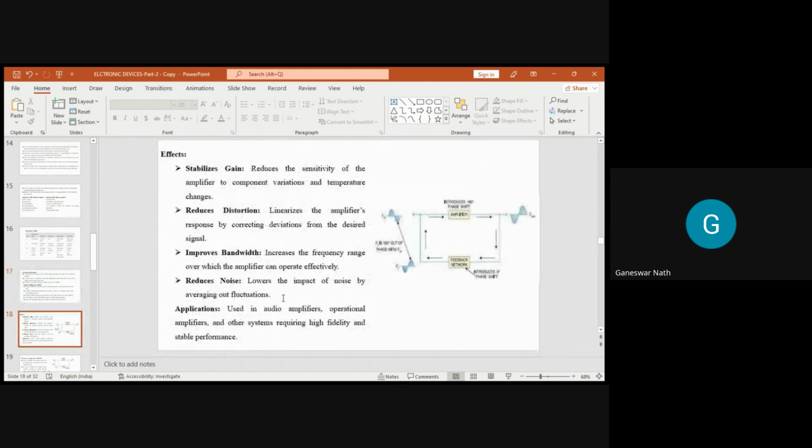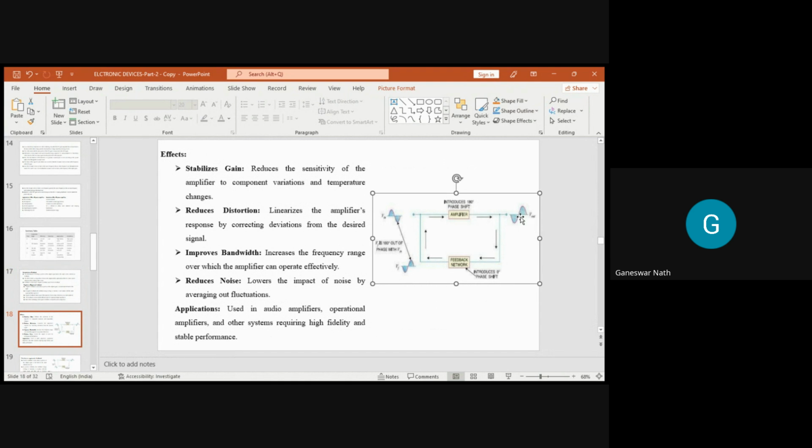Now, what is the effect of negative feedback? Basically, it stabilizes the gain. Stabilizes means it reduces the sensitivity of the amplifier to component variations and temperature change. It also reduces the distortion, improves the bandwidth, and reduces the noise. In negative feedback, this is the input and this is the amplifier, and we get an out of phase output.